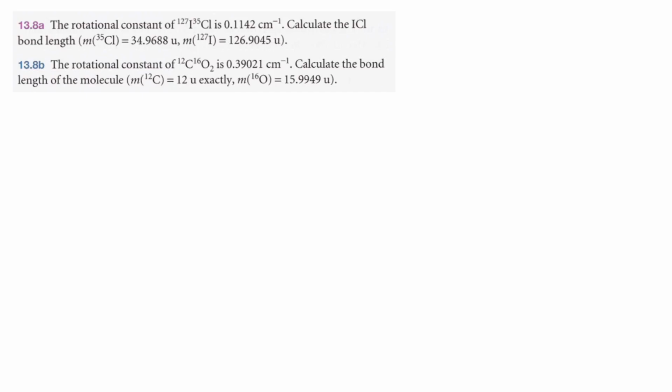The next question is similar. The rotational constant is given. Calculate the ICl bond length. That is the same question as we are dealing with so far, right? Now see the value of the rotational constant again, 0.1142 centimeter inverse.